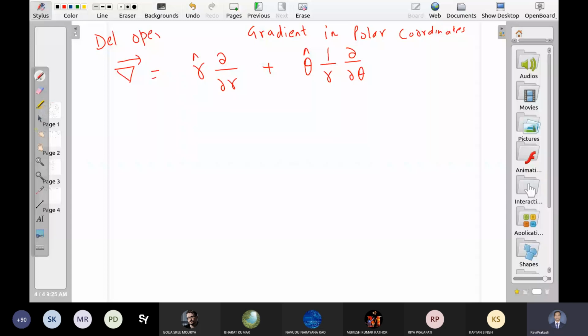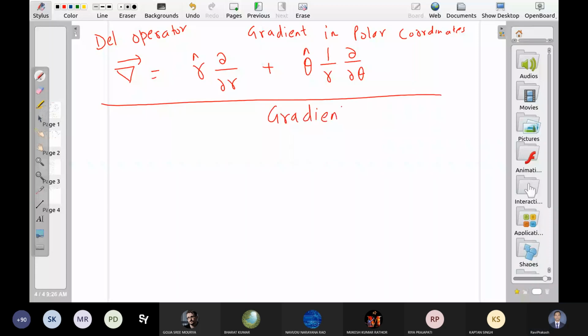Now let us say I have a function. Let us talk about gradient first. So I need a scalar function of r and theta, and I will apply this gradient operator over this.